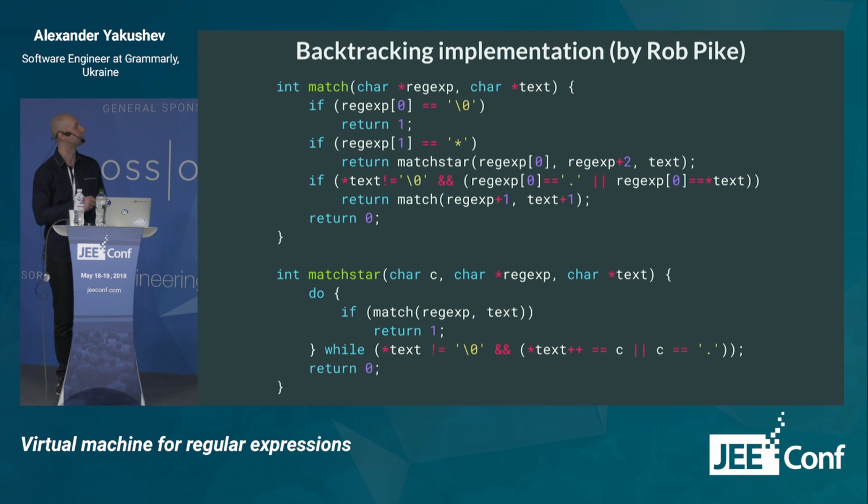And then if it's not the end of text yet, and either the current symbol in the regular expression is a dot, which means any symbol, or the character in the regular expression and the character in the text match, then we recursively call match, shifting one character from the regex and one character from the text. And this match star basically recursively calls match while the character under the Kleene star matches.